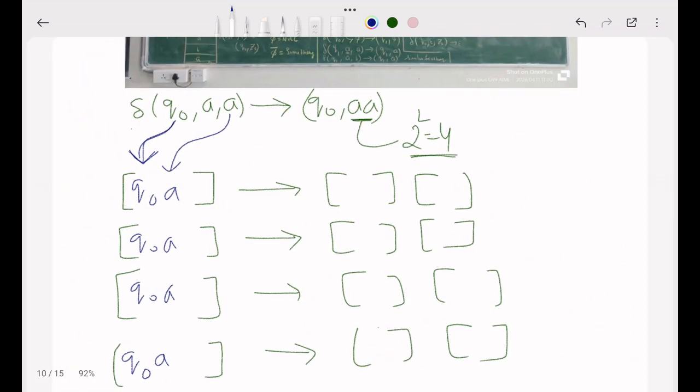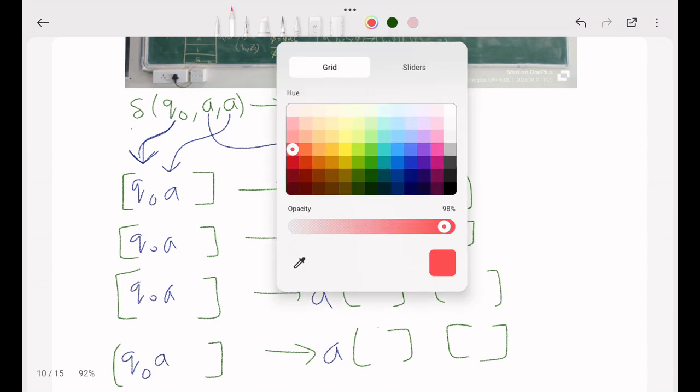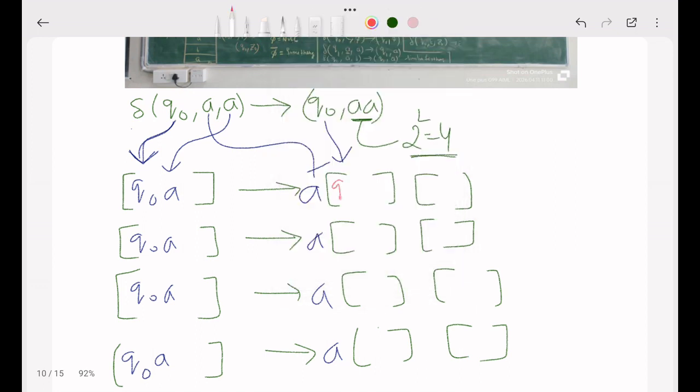Now next, this outcome you have to write here: A. Done. Next, this value you have to write here. I am using another color so you can easily understand. So this is Q0, this is also Q0, this is also Q0, and this is also Q0.